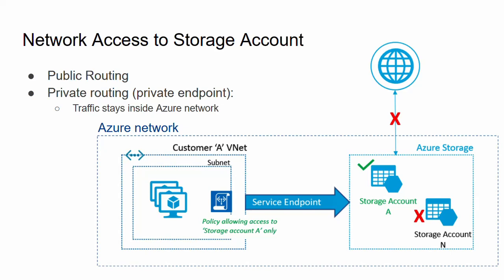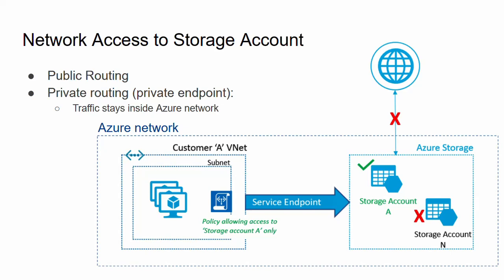So what happens is that you have your VNet, your virtual network, and you have this storage account. But the storage account does not belong to your virtual network, right? The storage account belongs to Microsoft's own network.